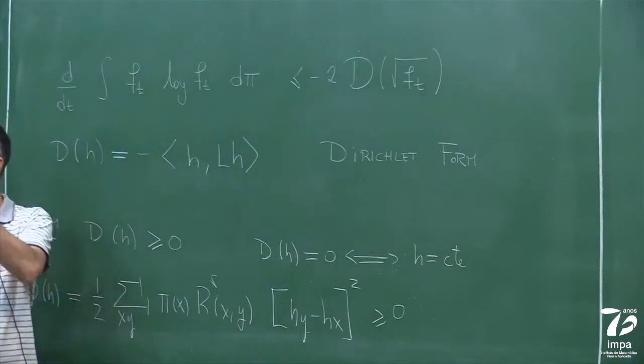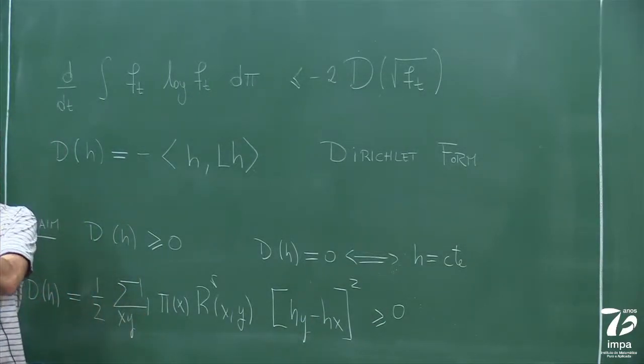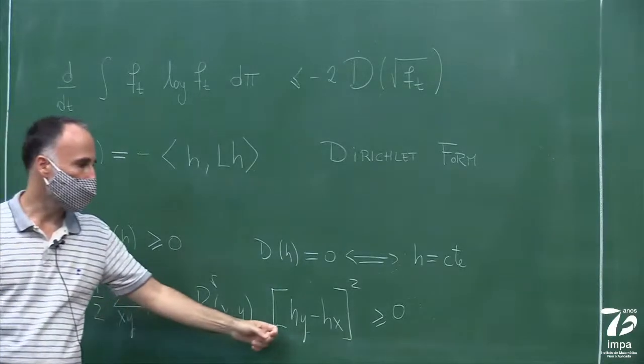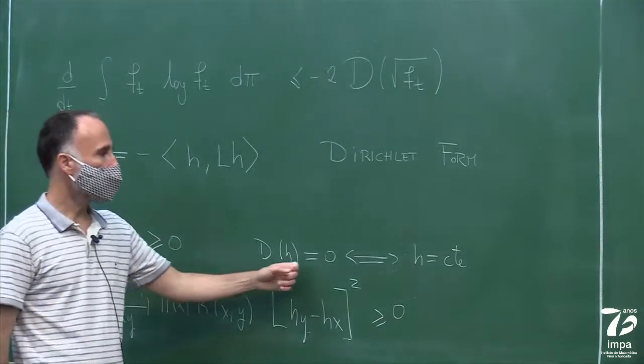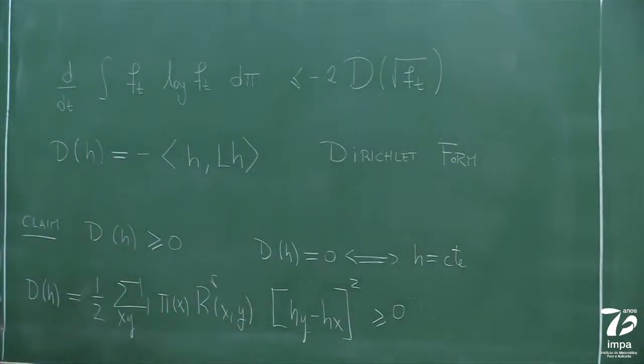Then h x1 has to be equal to h x2, and so on. And I will conclude that h x is equal to h y. Is that clear? So this is my second statement, which means that if the Dirichlet form is 0, the function is constant.